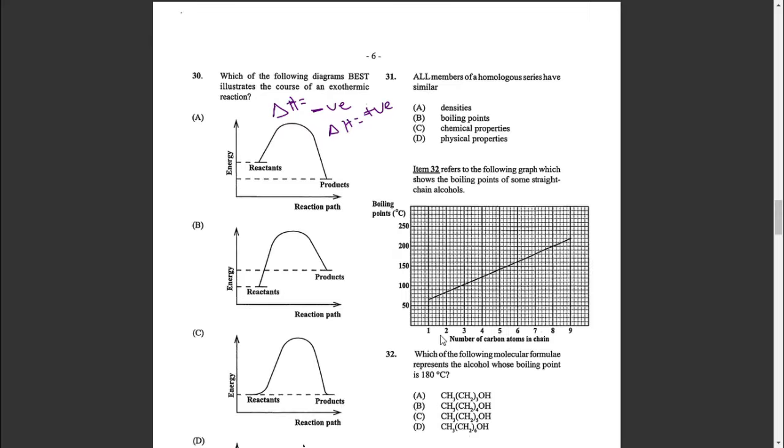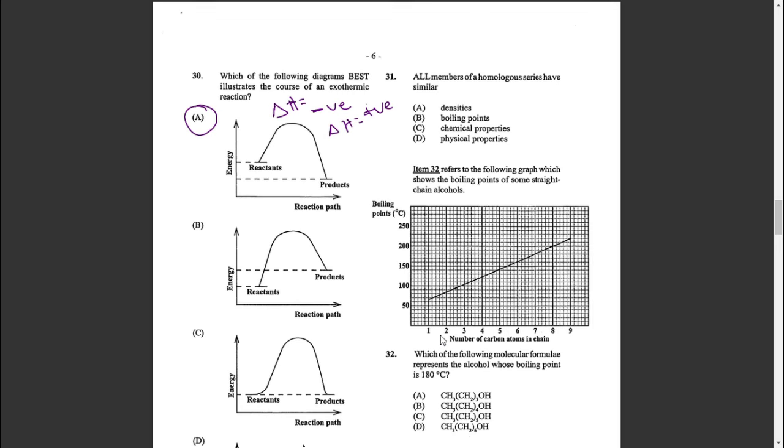For you to get a negative value in the case of an exothermic reaction, the product must be lower than the reactant. From the equation, product minus reactant, the energy of the product should be less than the reactant to get a negative value, which indicates an exothermic reaction. So the answer would be A.